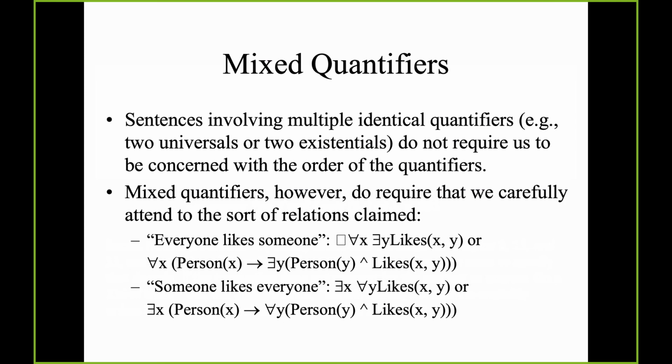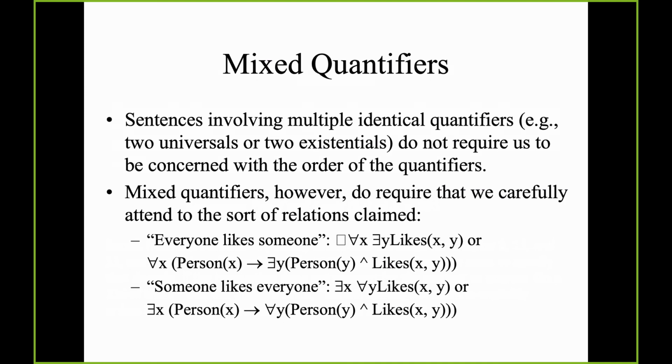But the order of our quantifiers when we're dealing with the same type, so two universals or two existentials, is not important, but with mixed quantifiers, that is universal then existential or existential then universal, that order does make a huge difference to what we're saying. Just a quick note, I don't know what this typo is. I'll have to look at that, but please note that that's not relevant to us.